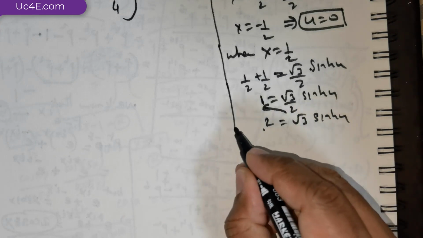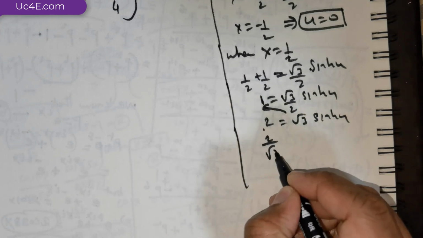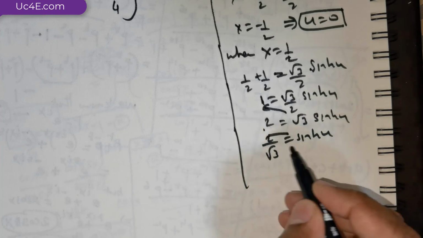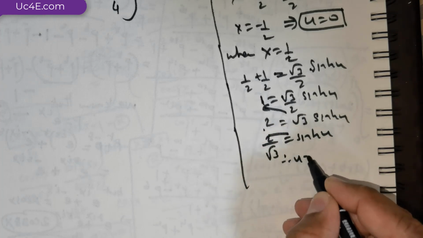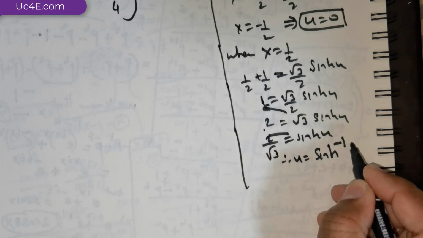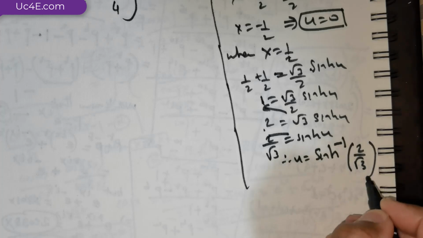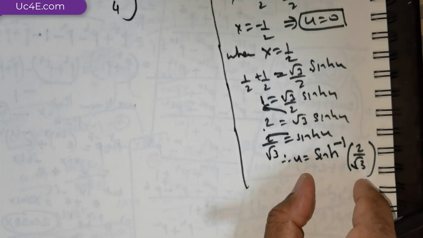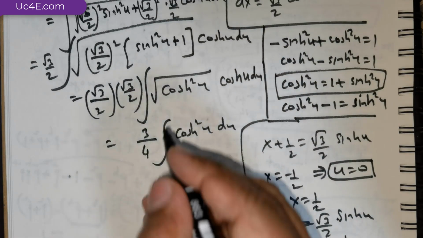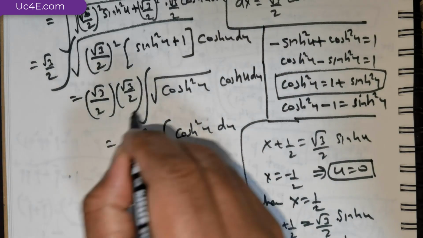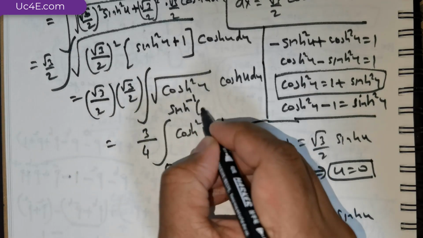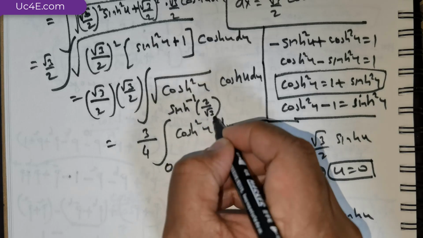And then you bring this root 3 down, so it's going to be 2 over root 3 is equal to sinh u. But you need u, so move this sinh to the other side. So u is equal to sinh inverse of 2 over root 3. So this is what you have for u. So the limits are 0 to sinh inverse of 2 over root 3.